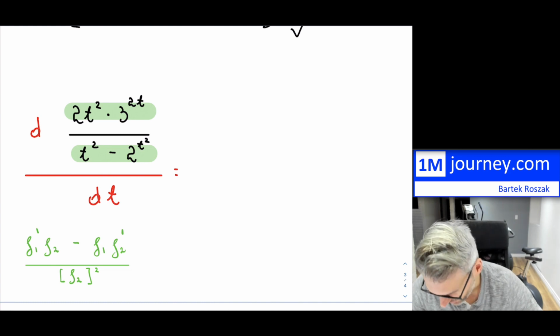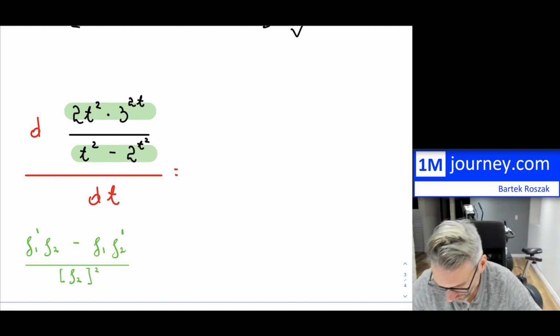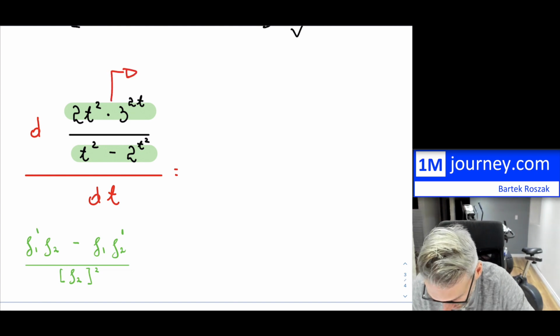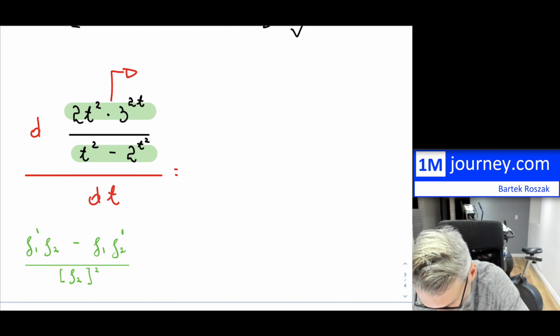Well, the derivative of the numerator is actually not that pretty. Notice it's a product, so this is going to get pretty annoying.